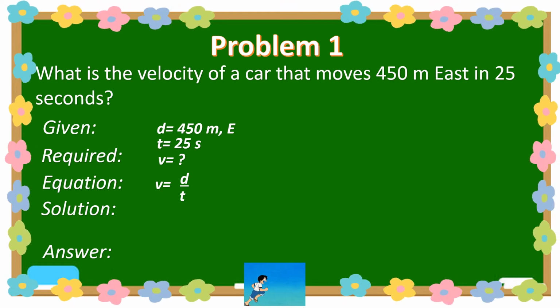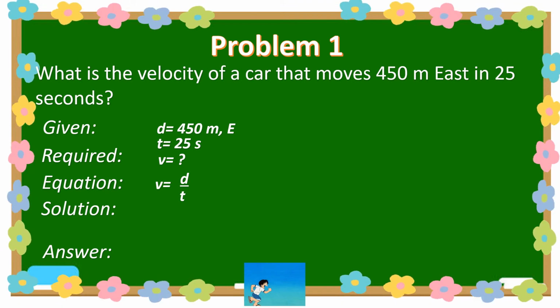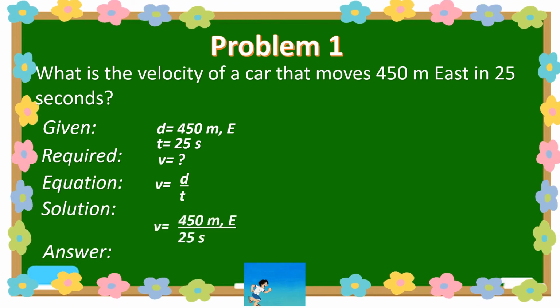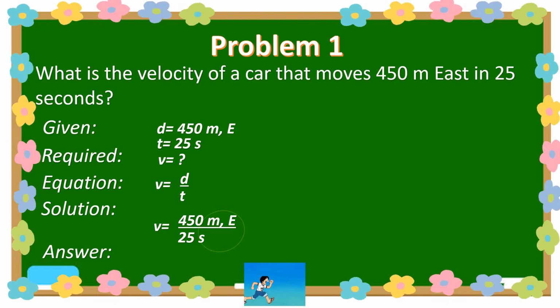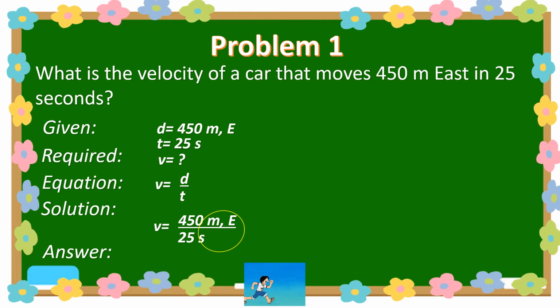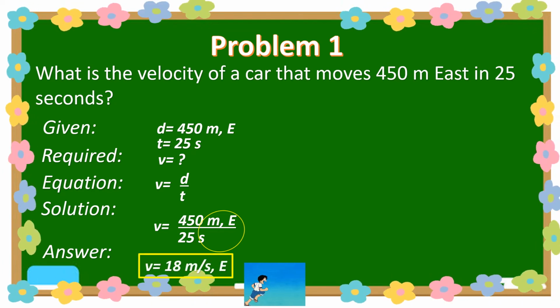Then, for the solution, just substitute the values: displacement is 450 meters to the east divided by the time, which is 25 seconds. Then, let us copy the units. So we have meters per second to the east. Then 450 divided by 25 is equal to 18 meters per second to the east.